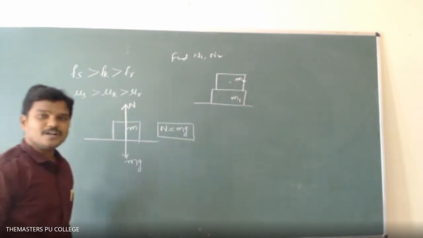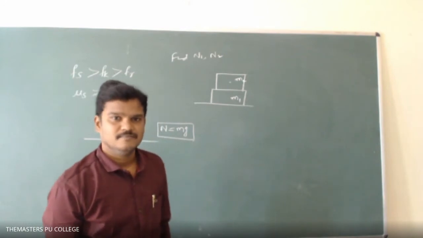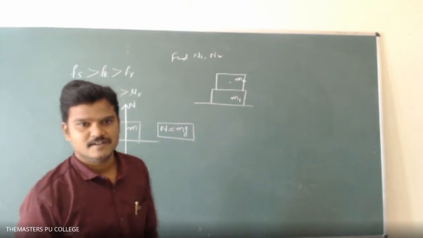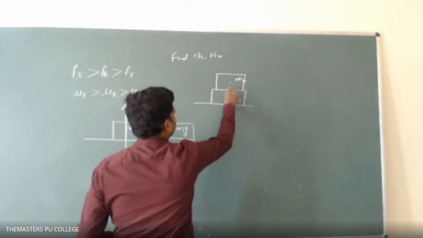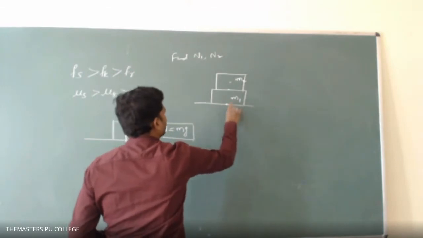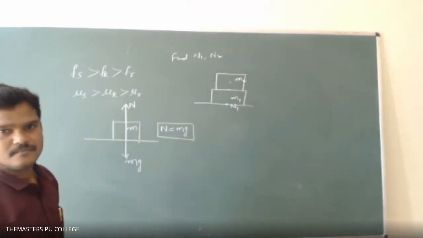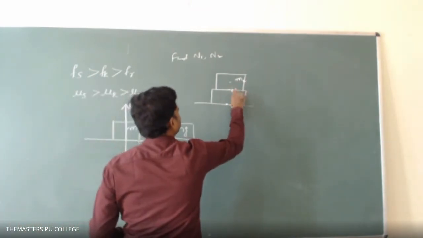Here there are two normal reactions. If it is one block, one normal reaction. For two blocks, two normal reactions. For three you will get three. Here, in this contact surface, there will be a normal reaction. Let us call it N1. And here, N2.